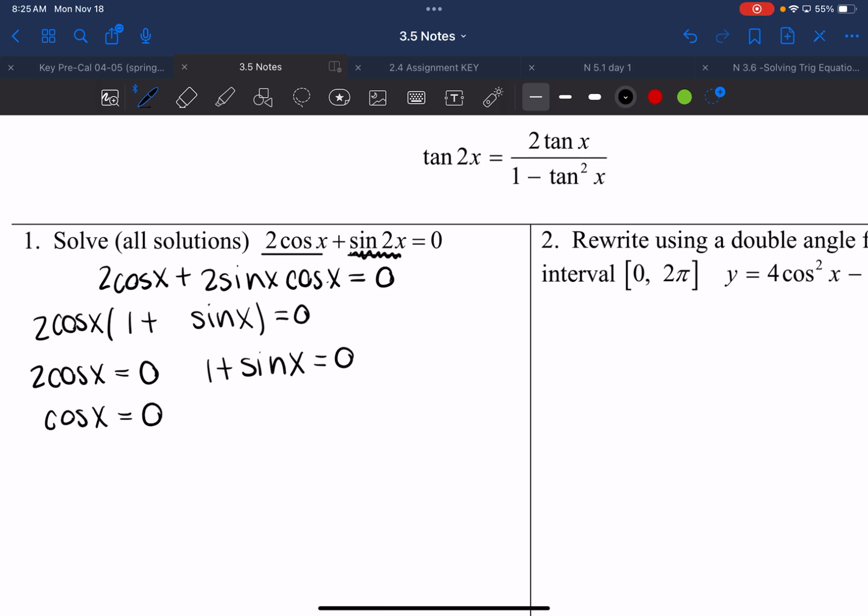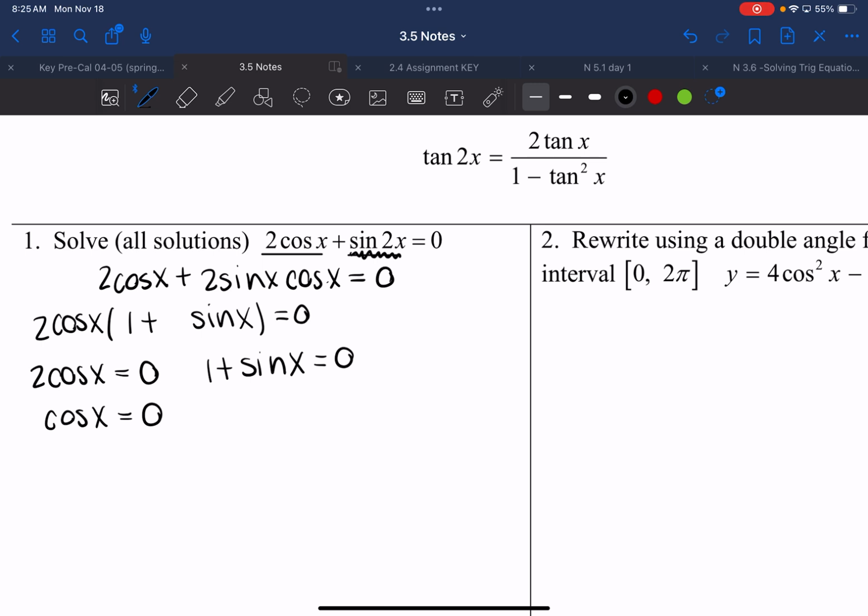Okay, so we are trying to think of where is cosine 0. Well, cosine is x over r, right? So I'm really looking for where x is 0, because r is never 0, right? So where does x equal 0? At pi halves and 3 pi halves, okay.